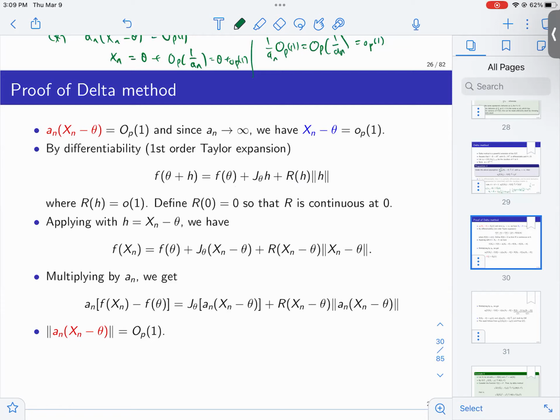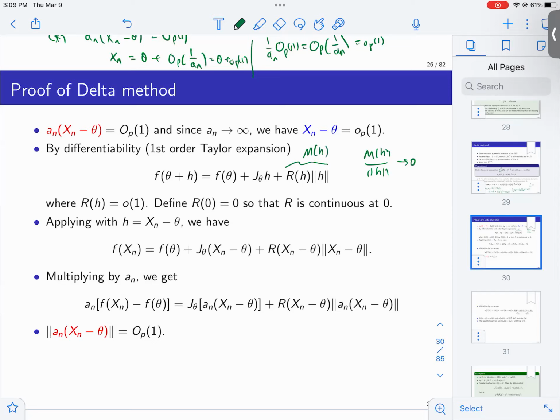The property of this remainder is that if I divide it by the norm of h, this is going to 0. So this ratio I'm calling R(h). The way that I wrote it, R(h) has to go to 0.